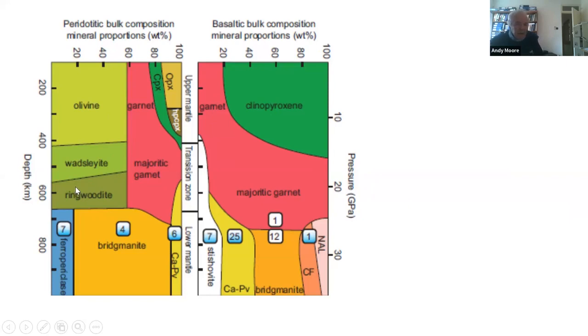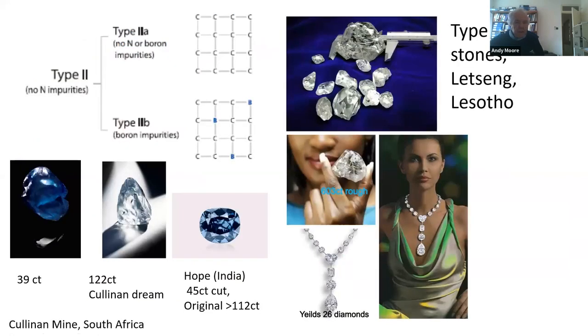And in addition to the dominant eclogitic and peridotitic diamonds, there's a small population that have inclusions which indicate derivation from depths up to and possibly exceeding 600 kilometers. And these are termed super deep or sublithospheric diamonds, so a third diamond paragenesis.